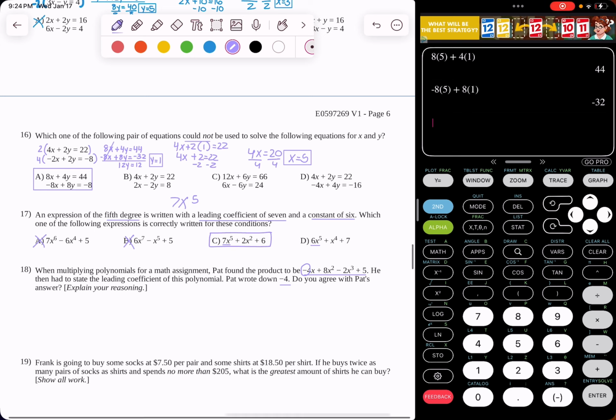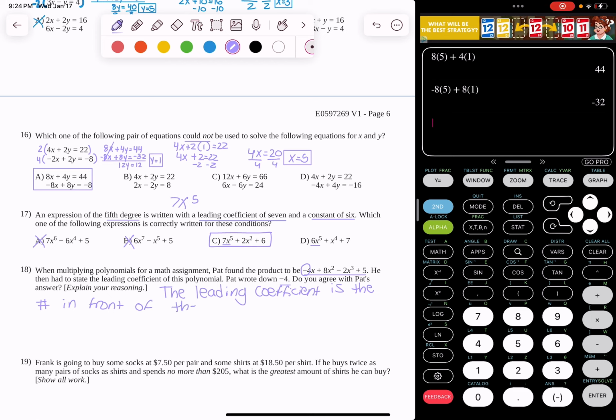Well, the leading coefficient is the number in front of the highest exponent, which here is the negative 2x^3.